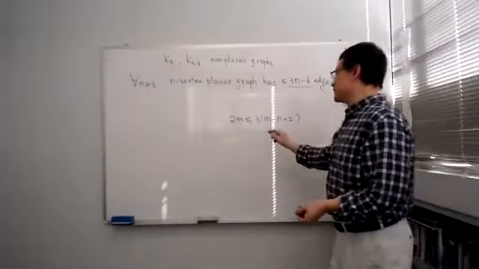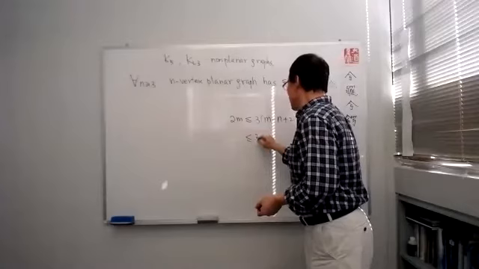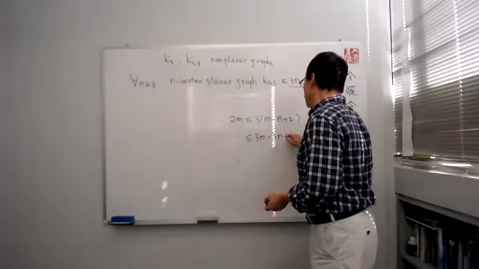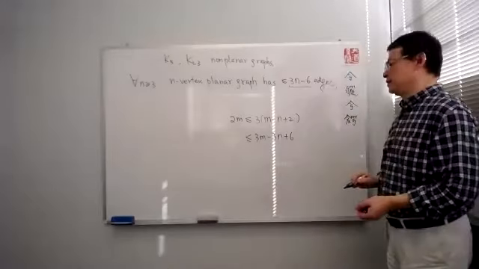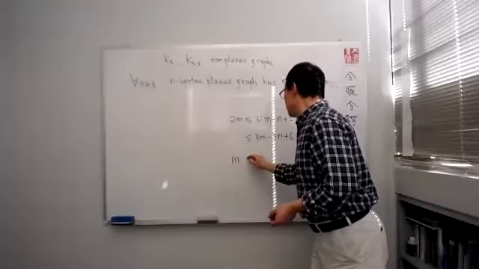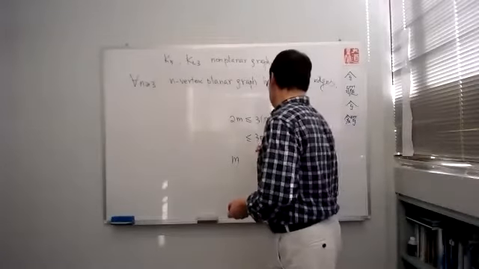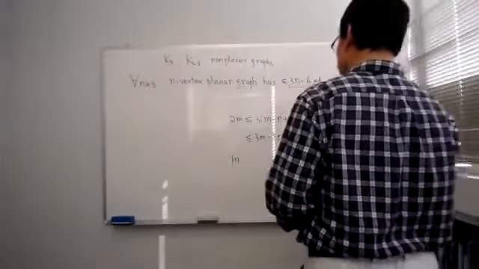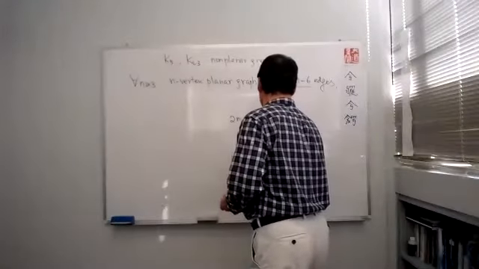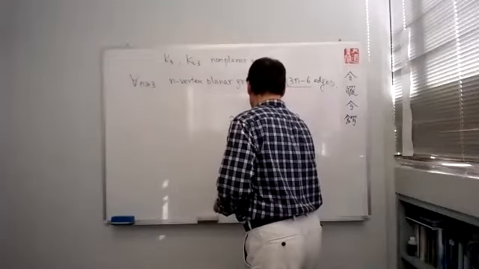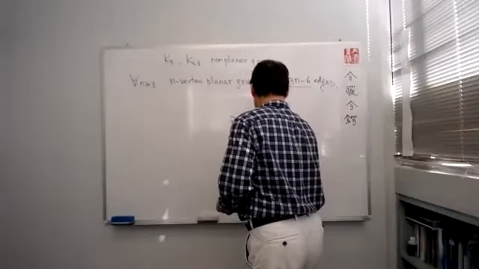Okay, so that gives us 3m minus 3n plus 6. So 2m, 3m, so that gives m. Let's see, why do I get more 6? It should be less 6.